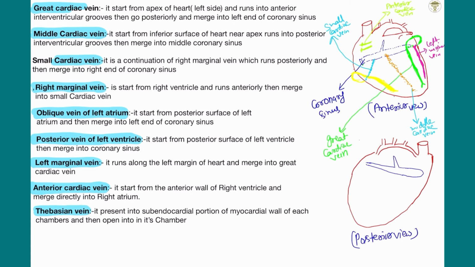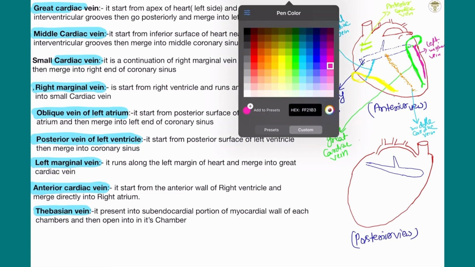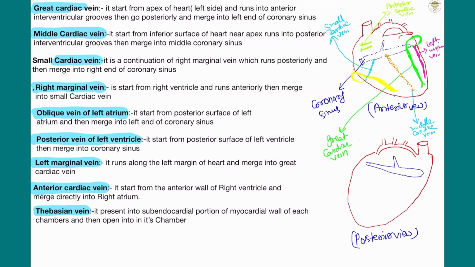First of all, the great cardiac vein. Here is the great cardiac vein. I will make the great cardiac vein with the green color. It is present in the left portion. I already said that it starts at the apex of the heart and runs in the anterior interventricular groove.